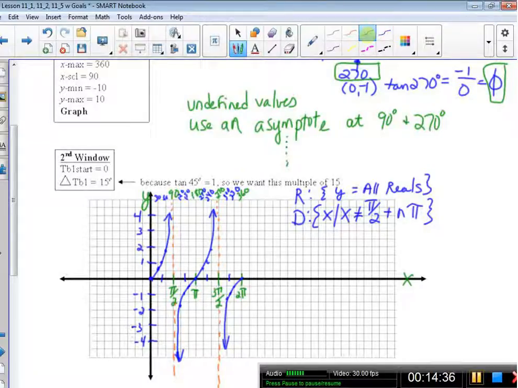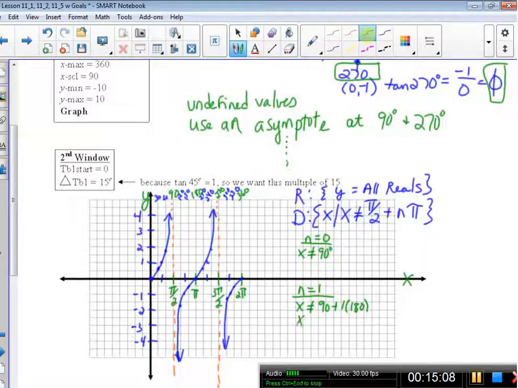Okay, so let's just make sense of this a little bit. X such that x does not equal 90 plus n times 180. So if n is equal to 0, then x would not equal 90. So that's true. That's not part of our domain. If n is equal to 1, then x does not equal 90 plus 1 times 180.